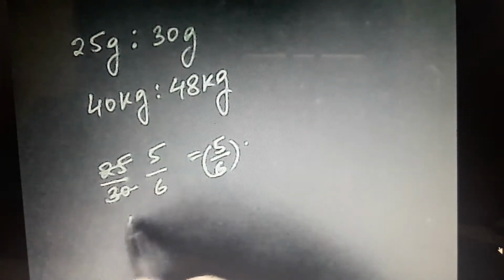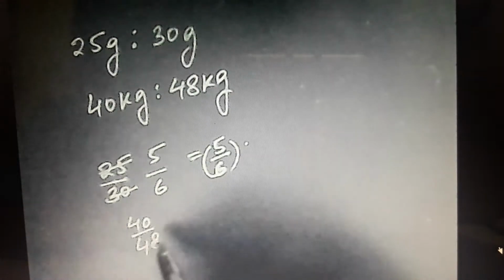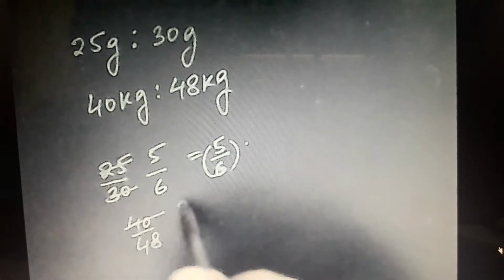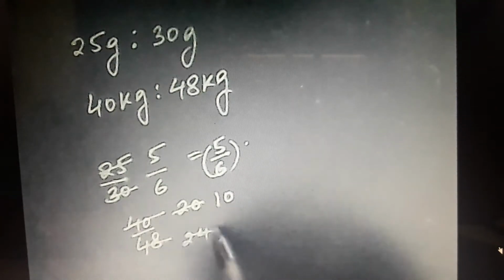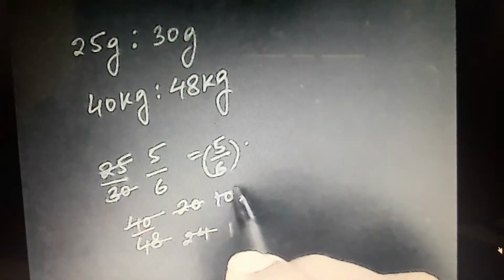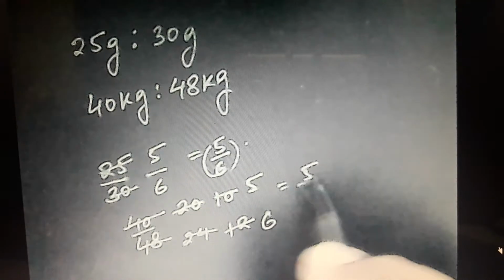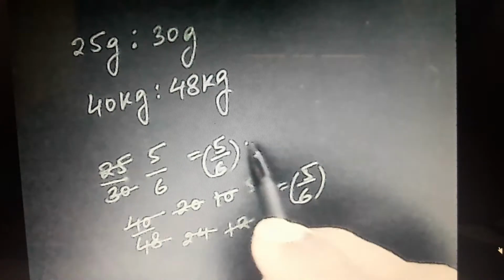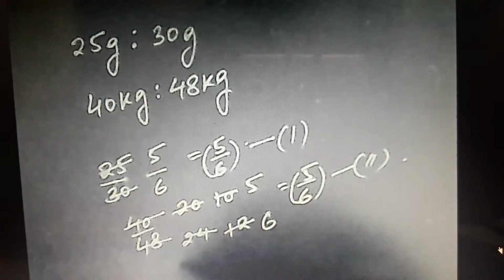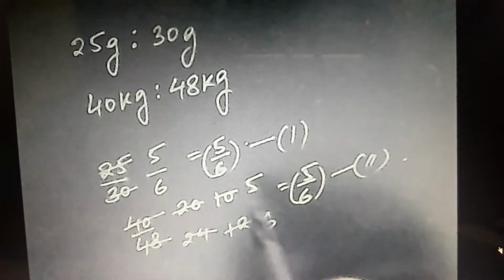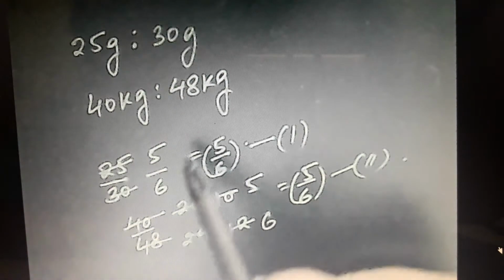Similarly, let's put 40 upon 48 also. 2 twos are 4, 2 fours are 8 and 2 fives are 10, 2 sixes are 12. Sorry, dividing by 8: this is 5 upon 6. This was equation number 1, this was equation number 2. This means 25 is to 30 is in proportion with 40 is to 48.